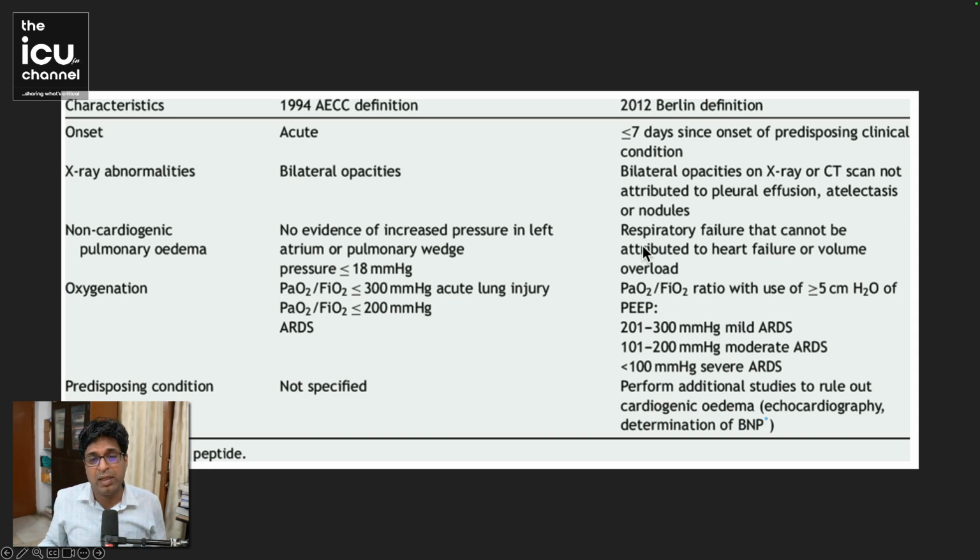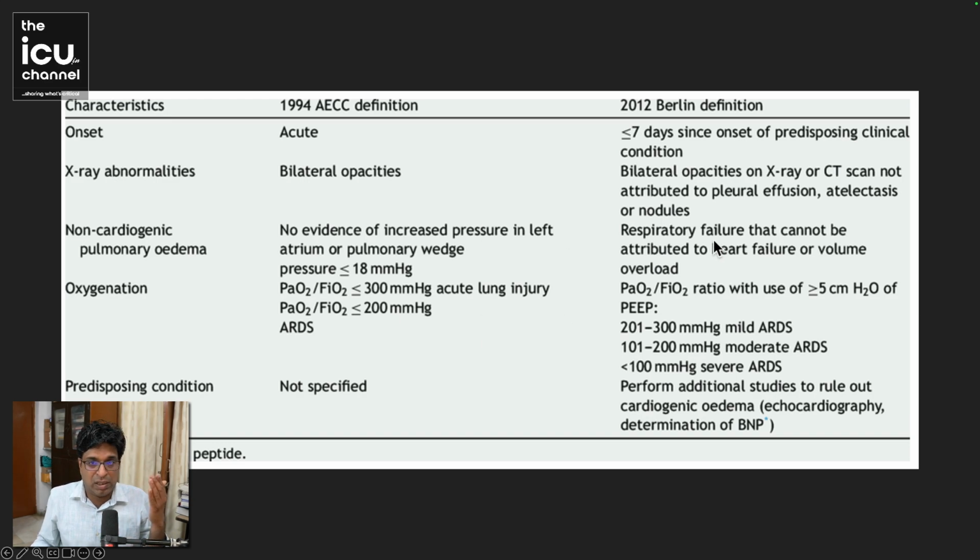They said that it is respiratory failure that cannot be attributed to heart failure or volume overload, and they added echocardiography to it. So if there is pulmonary edema, you cannot say that it is because of the cardiac condition per se, or cardiac failure or fluid overload. There has to be something else.